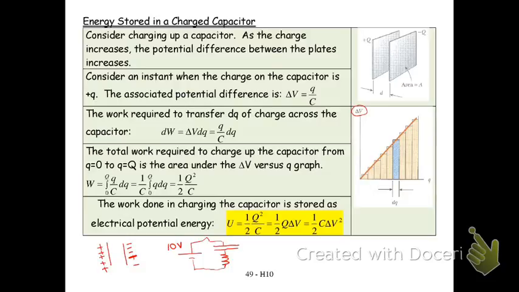So I can plot a graph of the potential difference across the capacitor. As time passes, my charge increases, and so my potential difference increases.